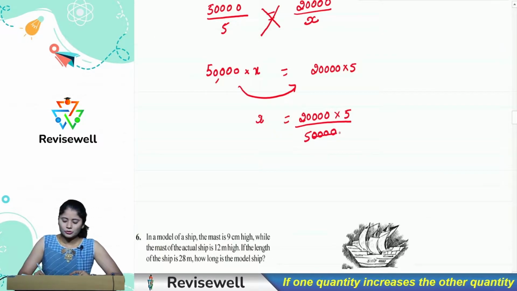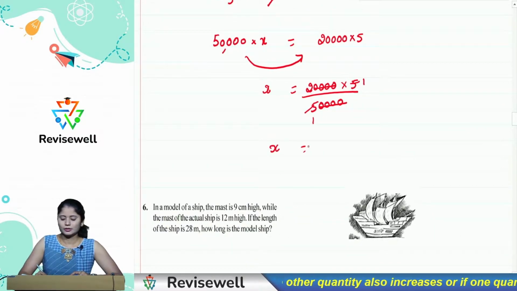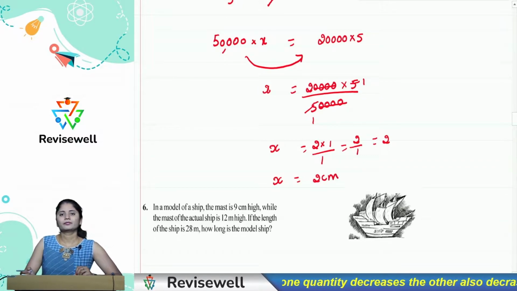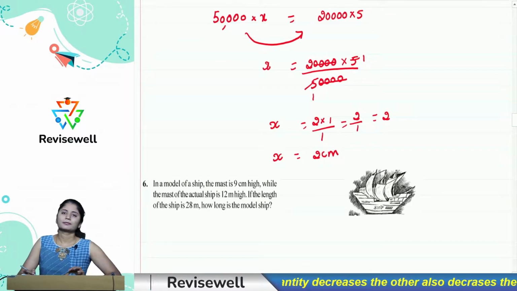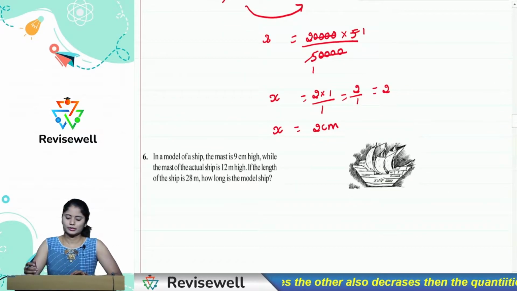The last 4 zeros of the number and the last 4 zeros of the number, I'll cancel them. So 5 1s are 5, 5 1s are 5. So this is x equals 2 times 1 over 1. So 2 times 1 is 2, 2 over 1, where I can write it as 2. So what is this x? x equals 2 centimeter. That is the size of the bacteria when it is enlarged 20,000 times will be 2 centimeter.